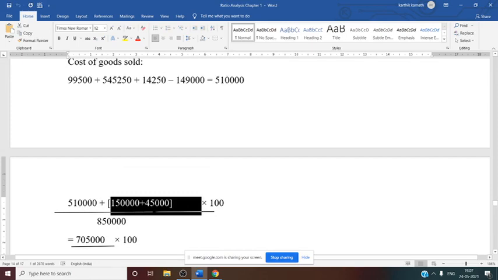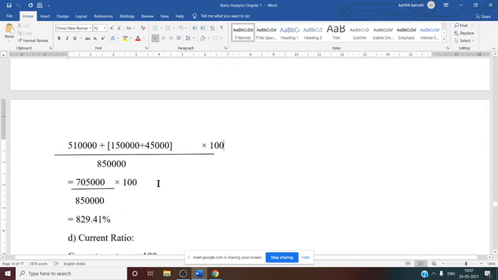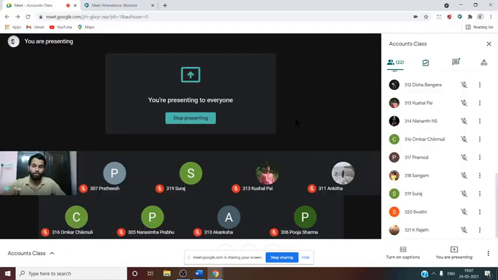Selling expense plus administrative expense, divided by net sales, that is 8,50,000, into 100. So now numerator total, that is 7,05,000, divided by denominator total, that is 8,50,000, into 100. So our answer is 29.41%. Or else you can say that is 8.29:1 in terms of ratio.